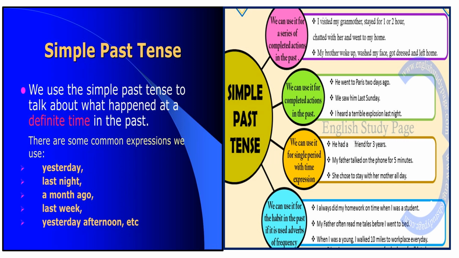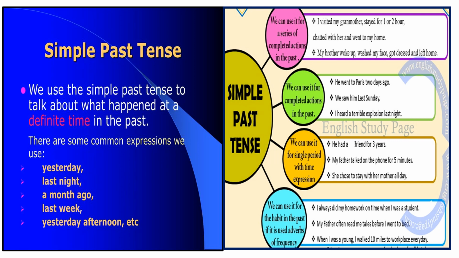We use simple past tense for a series of completed actions in the past. A series of completed actions means events or actions completed in the past, not one action but 2 or 3 actions together. Let's look at the first one.